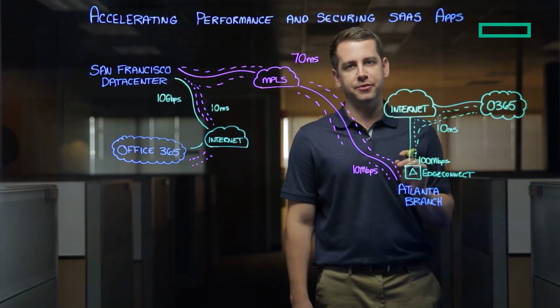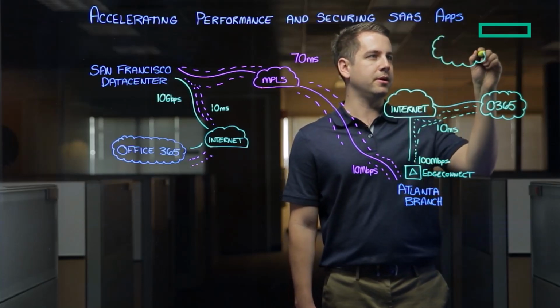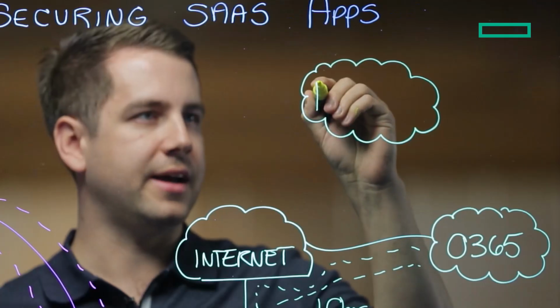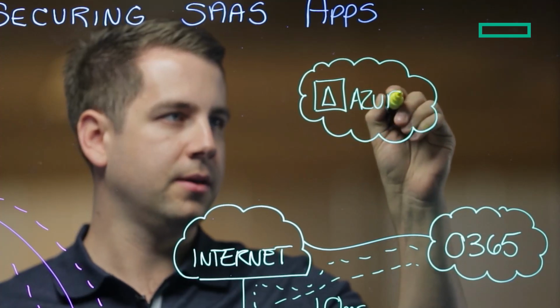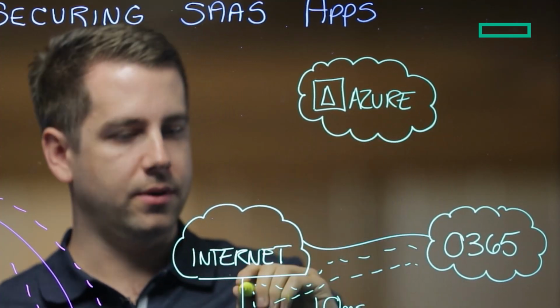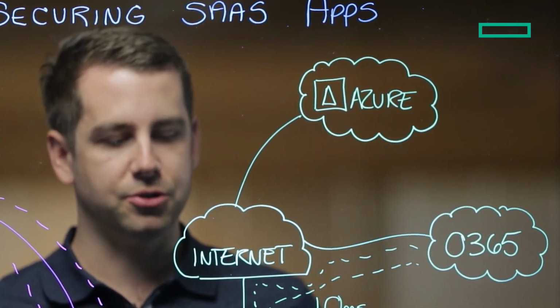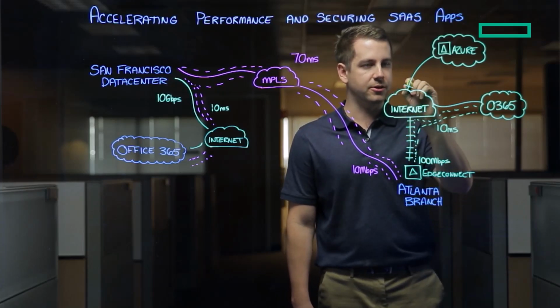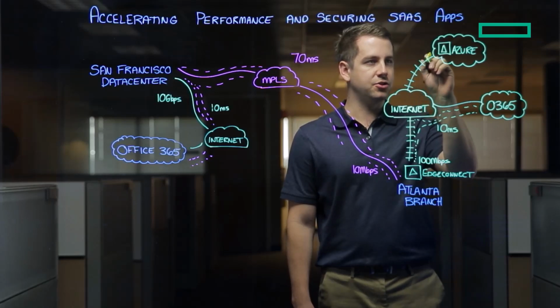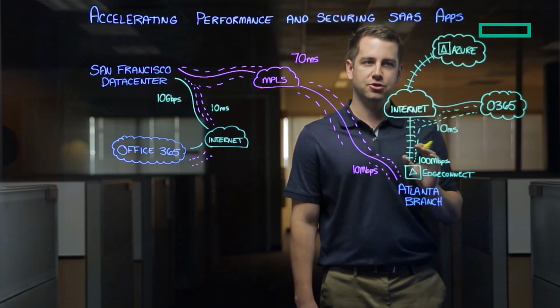If they need even better performance and better security, what they can do is spin up EdgeConnect in Microsoft Azure, for instance, or Amazon, and we'll just call it Azure on this one. And they can connect the EdgeConnect from the local branch into the EdgeConnect in Azure. And what they can do is encrypt this connection so that all packets traversing the internet that are destined to, in this case, Office 365, get encrypted into Microsoft's Azure cloud.